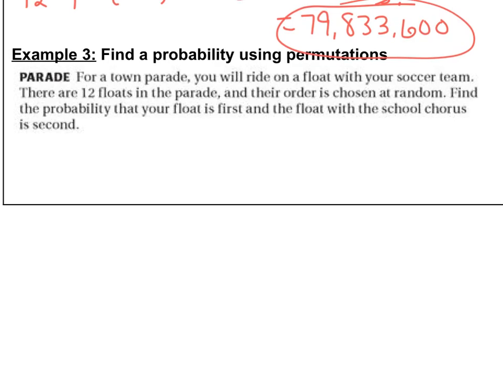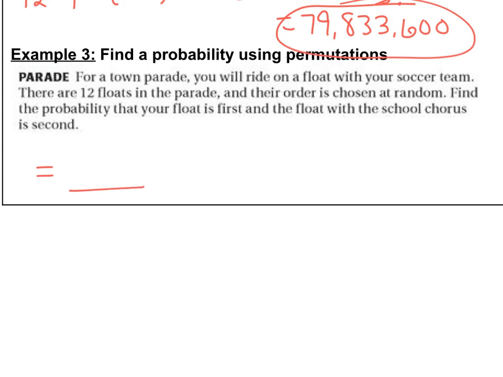All right. So, for a town parade, you will ride on a float with your soccer team. There are 12 floats in the parade, and their order is chosen at random. Find the probability that your float is first and the float with the school chorus is second. So we're going to do this very similarly to what we did in our first lesson.